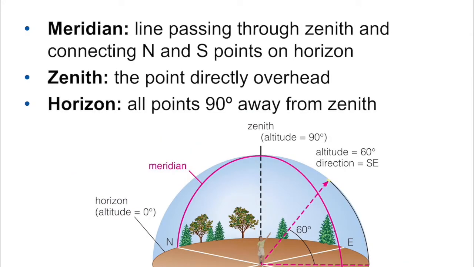So some other key terms. Meridian is the line that passes through the zenith, connecting north and south, not east and west. It's very specific. That's the meridian line, just a helpful reference point of splitting the hemisphere that is your local sky into two half sections. The zenith is the point directly above you, an altitude of 90 degrees, and the horizon are all points that are 90 degrees away from the zenith.